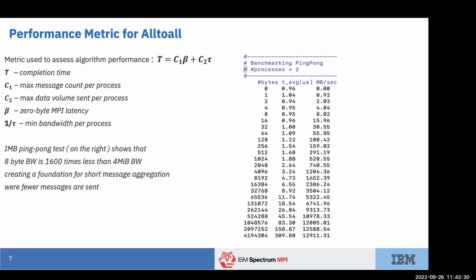For that reason, it is beneficial to aggregate short messages into a large message when possible. The reason is simple: there is an overhead for MPI, and each send incurs some overhead, and this overhead is significant. And typically when we send a large message, we're using RDMA, and RDMA has a one-time overhead for a large message.